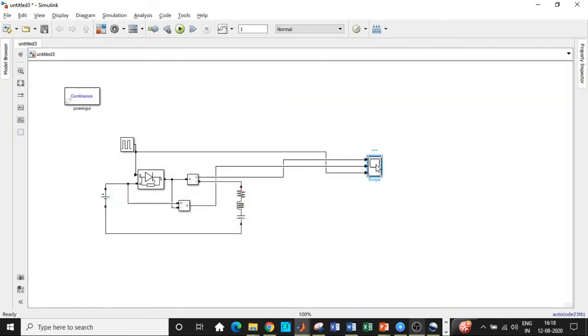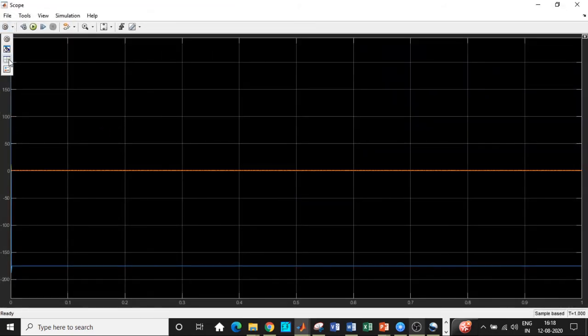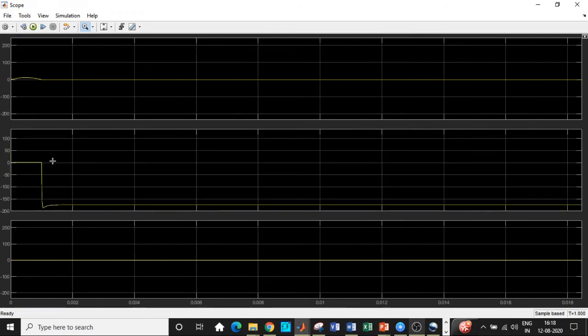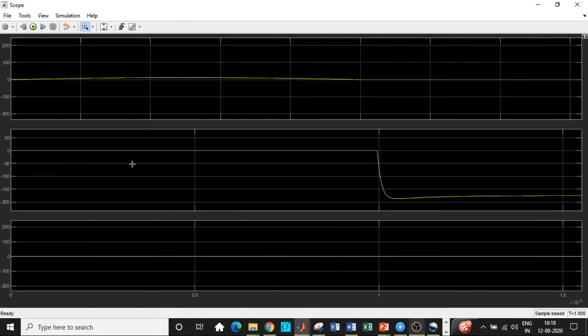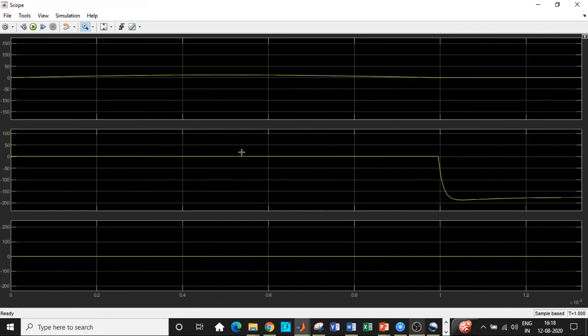Now I'll double click on the scope to check how the waveform looks. Over here you can categorically divide them into different sections by selecting three options. I will be zooming into this particular portion to check how the waveform looks with respect to our requirement. Is it exactly what it is supposed to be?